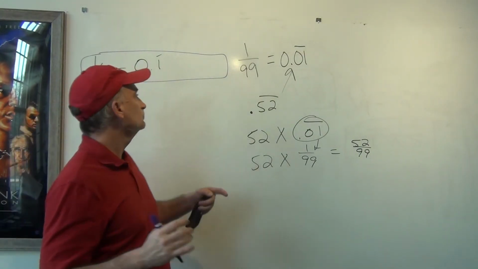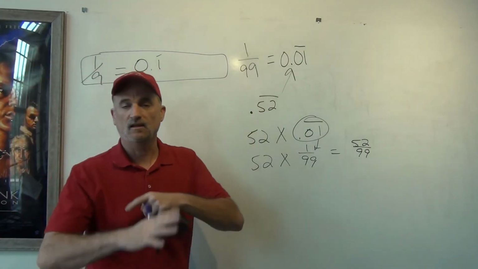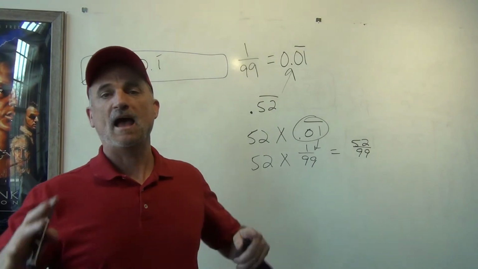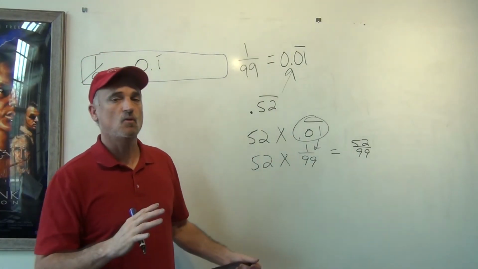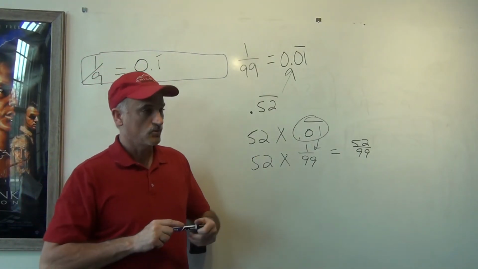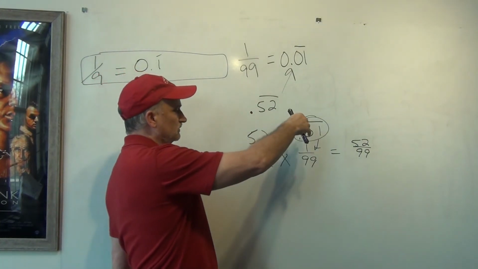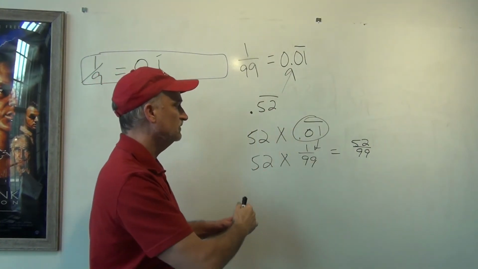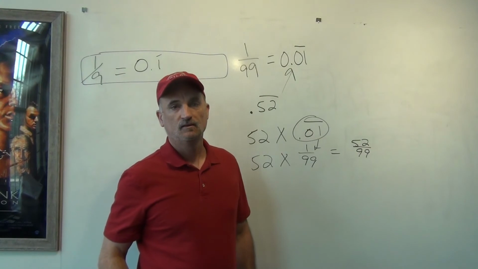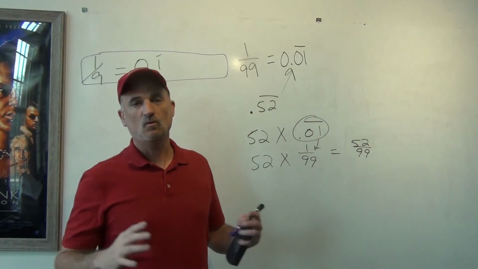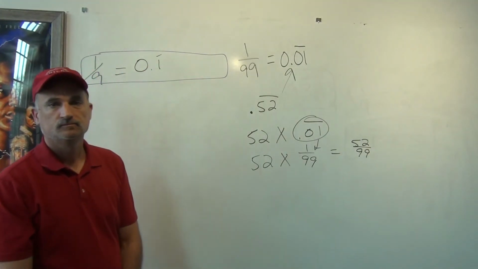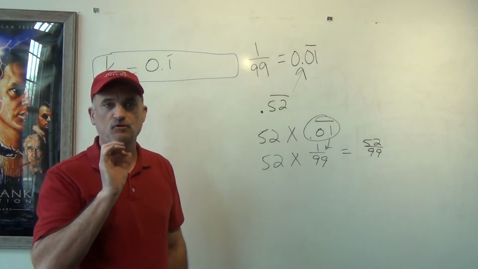This pattern holds true. The 1/9 and the 1/99 holds true no matter what. It's always going to work out. So a repeating 2 decimal can be expressed with the number over 99. Always holds true.